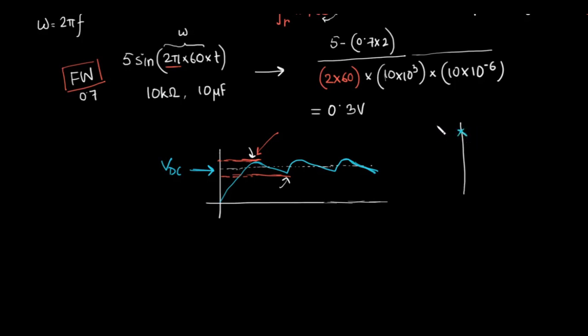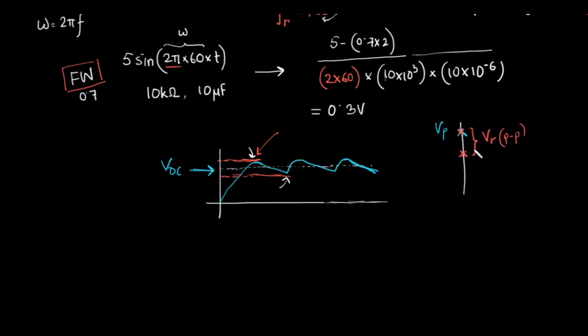This is our peak value Vp, and our peak to peak ripple will be, let me draw that in red, between this point. Suppose this is the upper point of the ripple and this is the lower point of the ripple. The distance between these 2 points is Vr peak to peak.